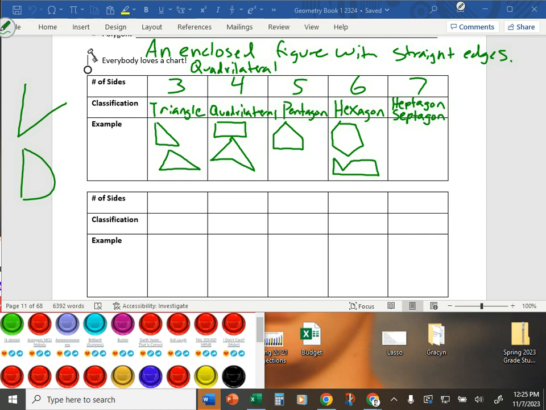So a 7-sided shape. 1, 2, 3, 4, 5, 6, 7. There's a good looking septagon or heptagon. You can draw it like an arrow kind of. Okay.